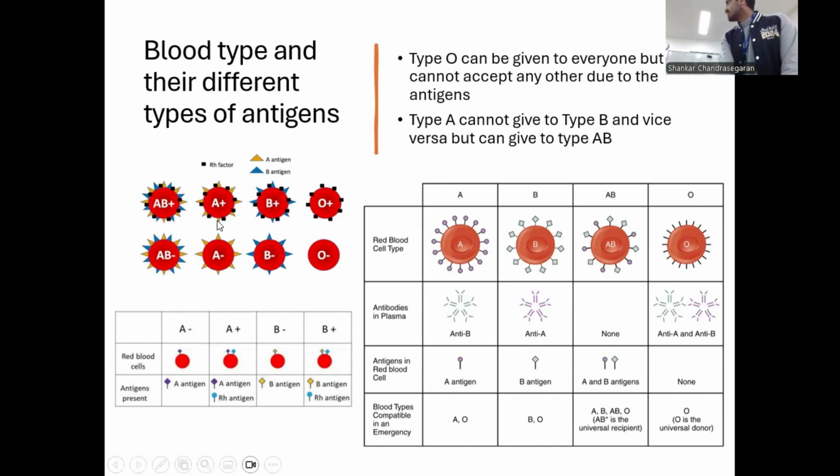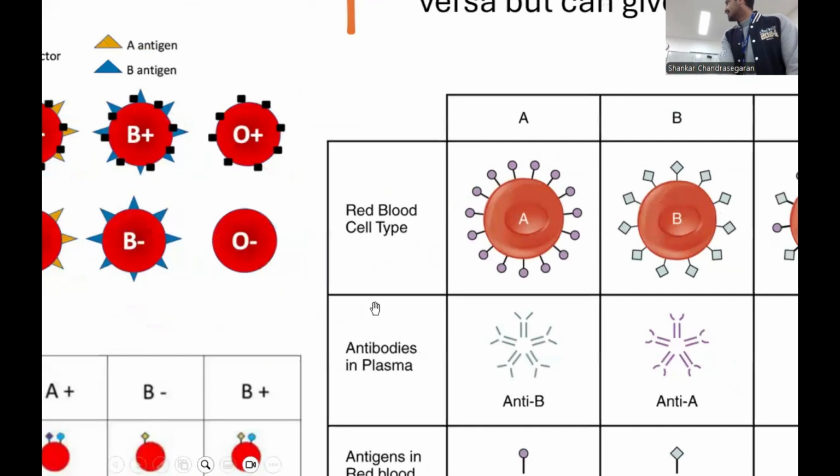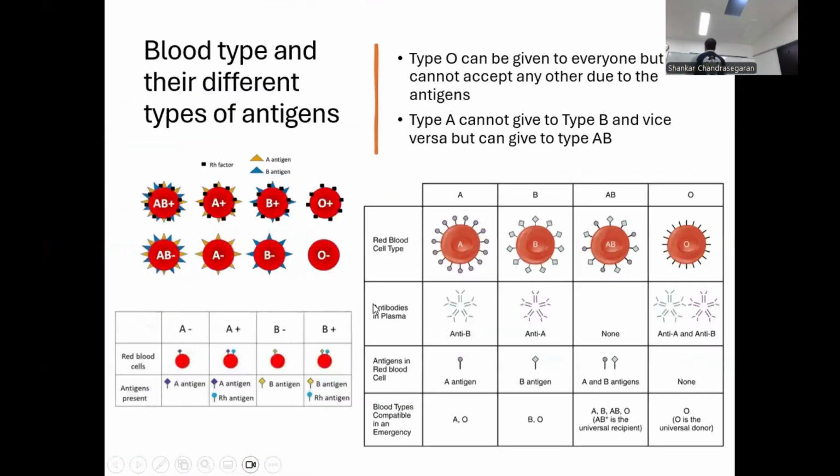All right, let's see if I can get you guys to have a guess at that. Let's play a small game where I give you two blood groups and I ask you whether you think they can donate to each other.